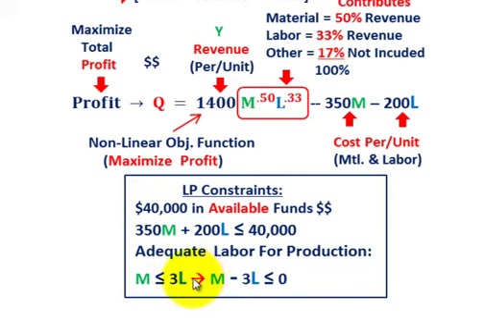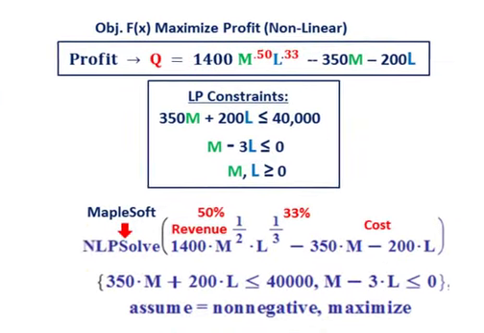And so for our linear program, we move our three times our labor over to this side of the equation, and we come up with material minus 3 times our labor is less than or equal to 0. So those are the 2 constraints that we're putting into our linear programming to maximize our profit. Okay, so let's move on.